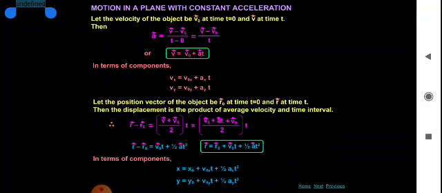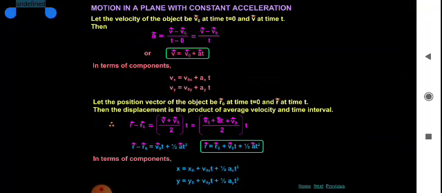Let the position vector of the object be r naught at time t equal to 0 and vector r at time t. Then the displacement is the product of the average velocity and the time interval.